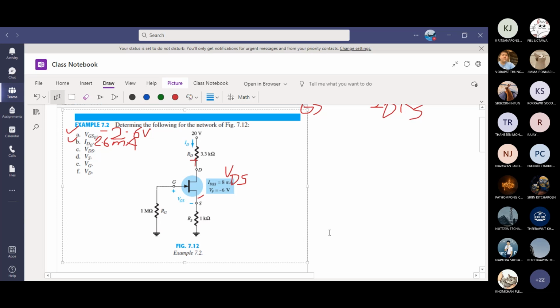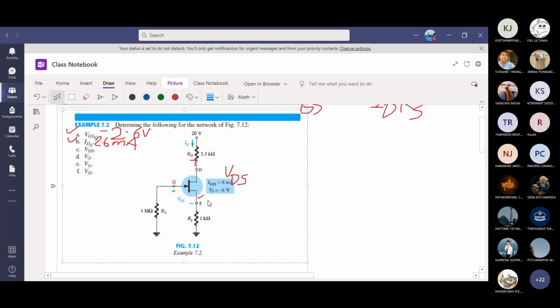What voltage do you get for VDS? 8.82 volts. Okay, that's correct. Yes. Then let's calculate VS.